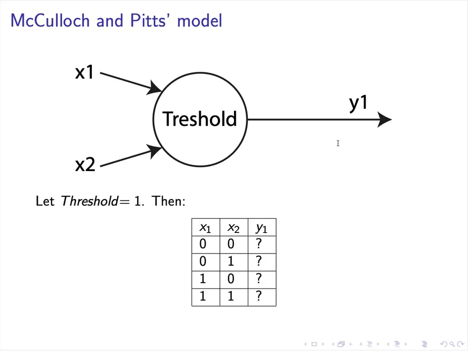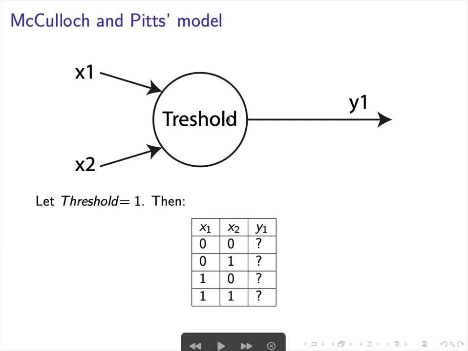So let the threshold be 1. What's the output going to be in these cases? You can already tell that this looks a lot like what Paolo has shown you today, right? We have input variables, 1 output variable. So this looks pretty much like a logical gate.